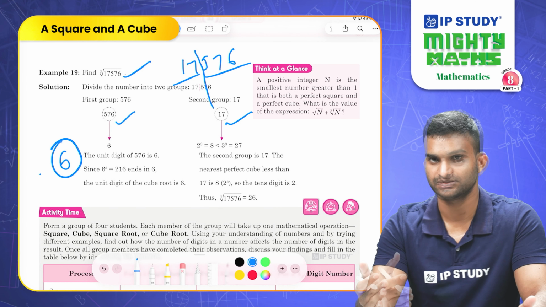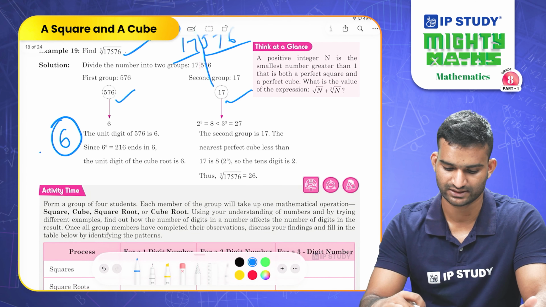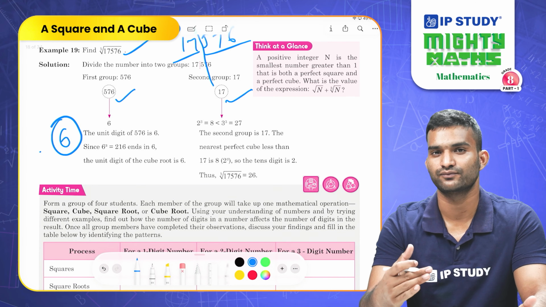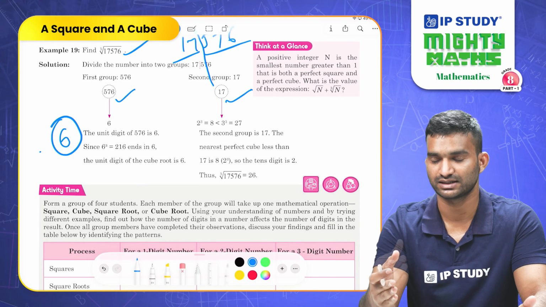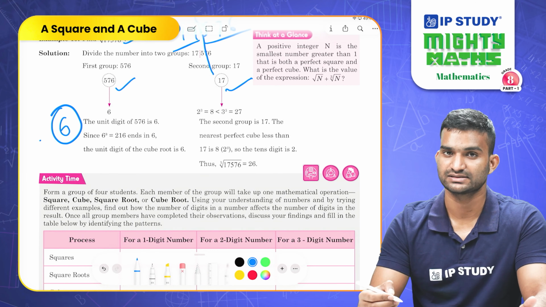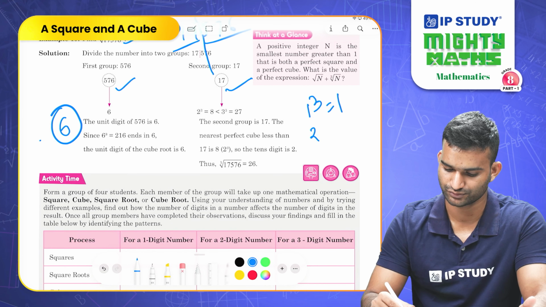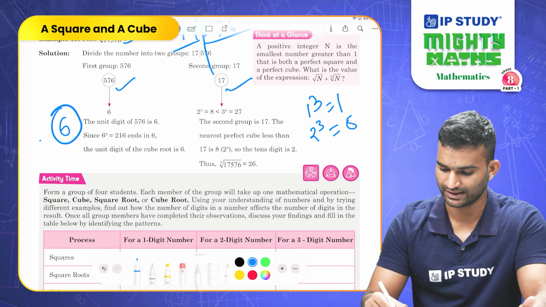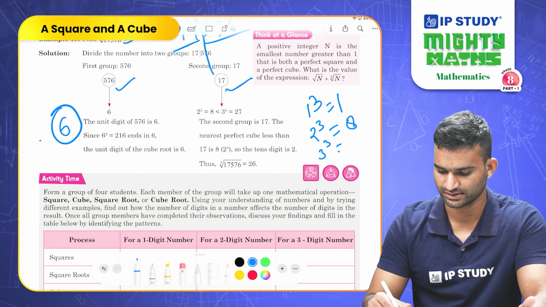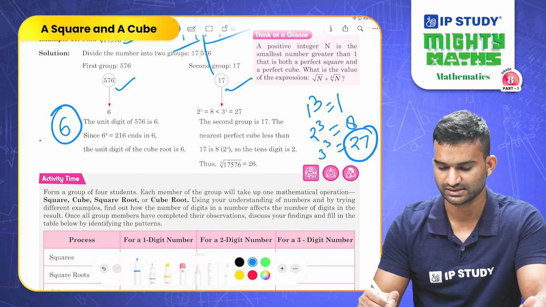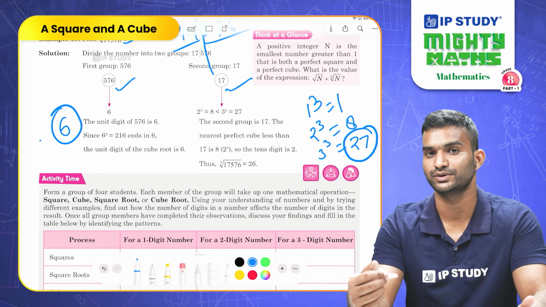Now look at the leftmost part, which is 17. Now look for the cube of a number that is less than 17. We can consider that the cube of 1 is 1, the cube of 2 is 8, the cube of 3 is 27. So we can see 27 is going beyond 17.